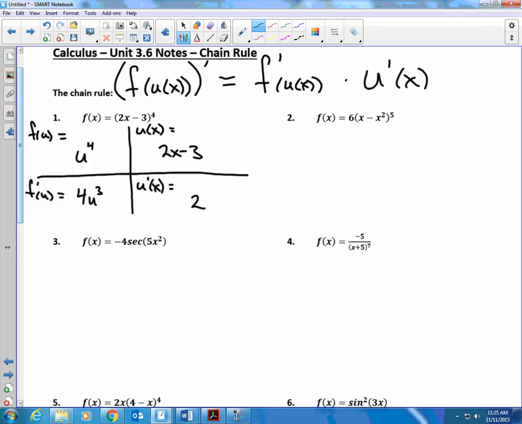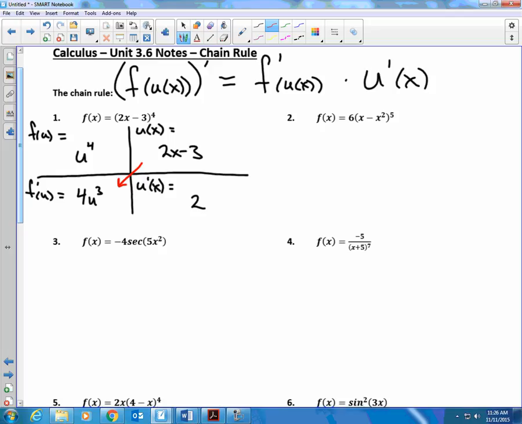So there's a little trick here, though. Look at the rule. It says you take one and you multiply it by the other, but you have to put the u back in. So this is what I do to always remind me. I put an arrow. That means I substitute the u back in. It's my little graphic organizer.